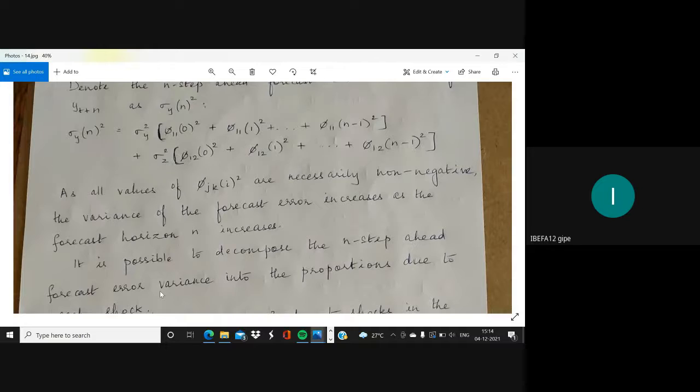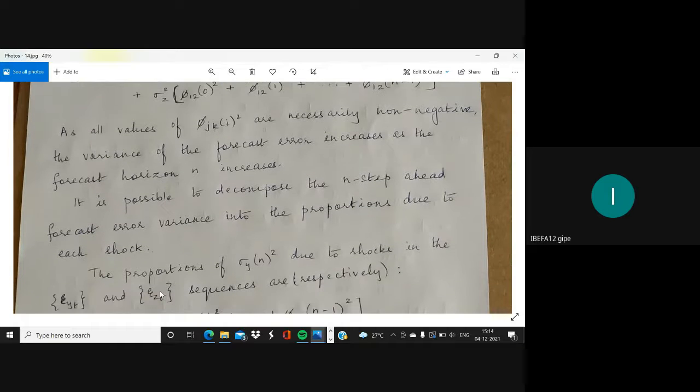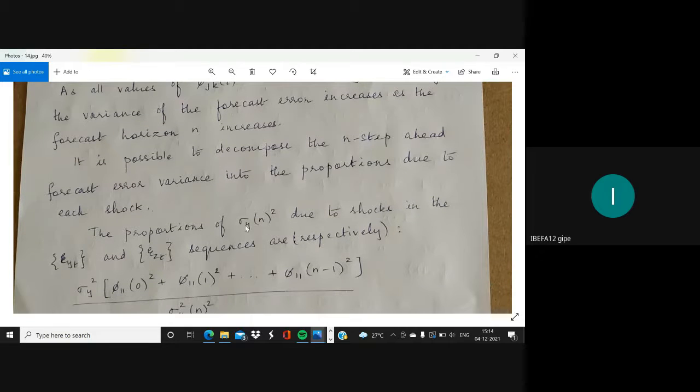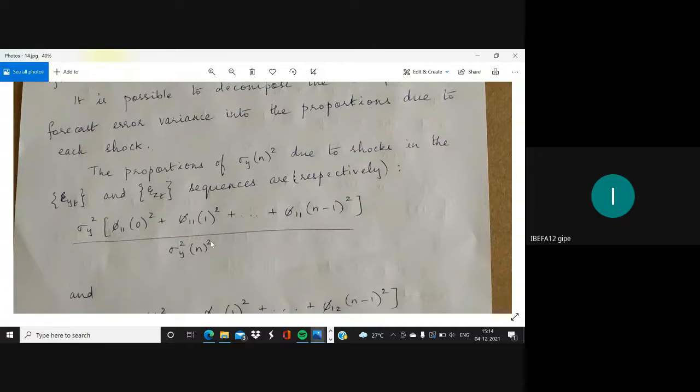Now it is possible to decompose the n step ahead forecast error variance into the proportions due to each shock. So the proportion of sigma yn square, the n step ahead forecast variance, due to shocks in the epsilon yt and epsilon zt sequences are respectively given by these formulas.